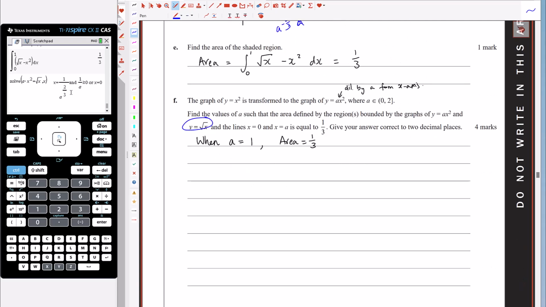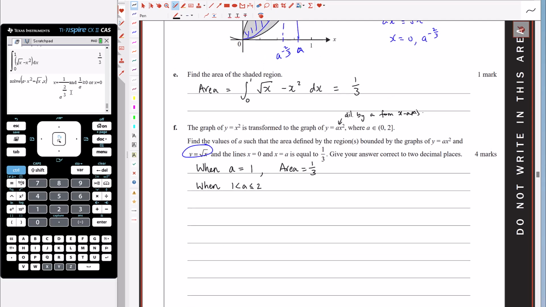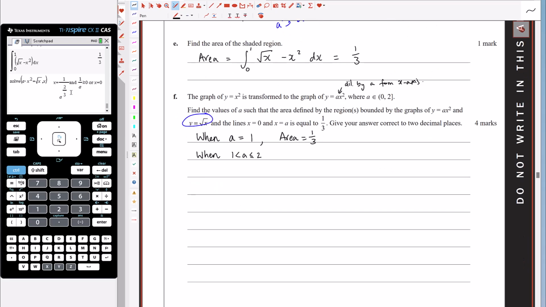So essentially what's going to happen is, when a is bigger than 1 but less than or equal to 2, we're going to have this situation.